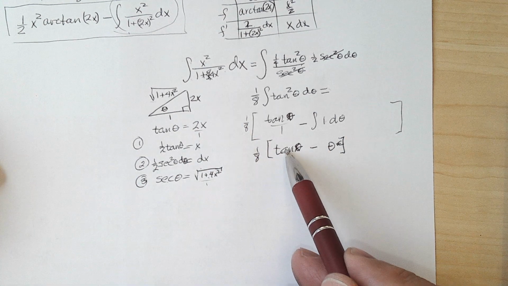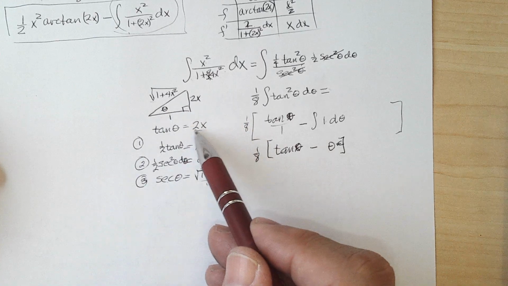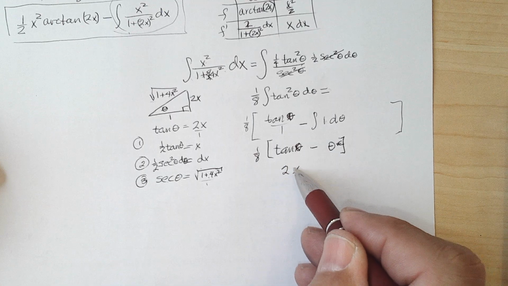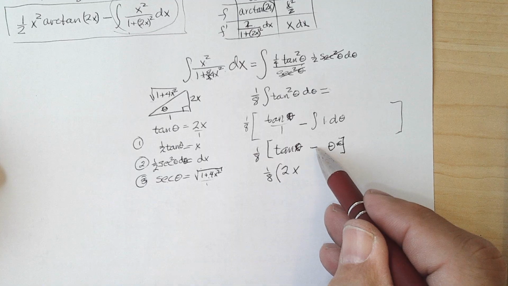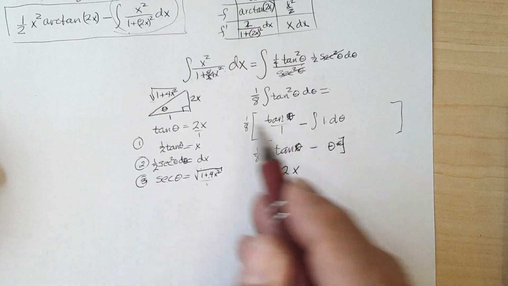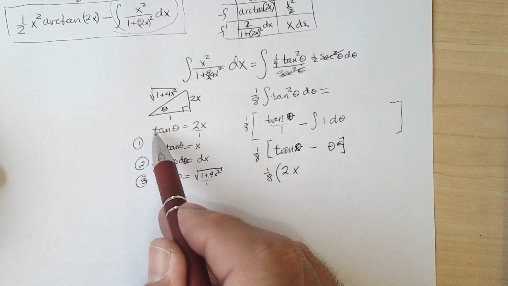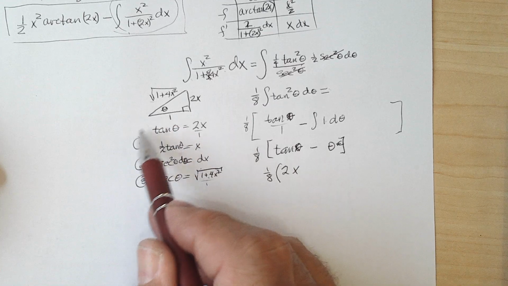Well, the tangent of theta is 2x over 1, or tangent of theta is 2x. And theta is, if I solve for theta in this, I'd take the arctangent of both sides. The tangent inverse gets rid of that.